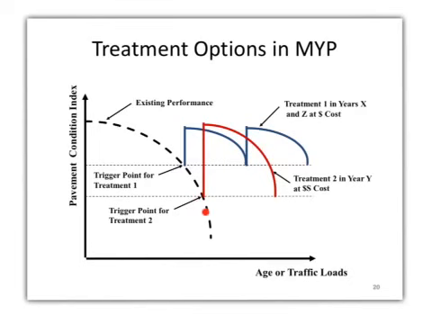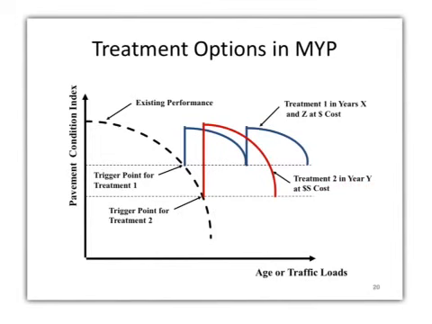And now, instead of doing two small overlays, I'm going to do a major rehabilitation, let's say a 4 or 5 inch overlay, and that's going to take a certain number of years before I get back to the same trigger point again. We're calling this treatment 2, and it should have an associated cost with it.